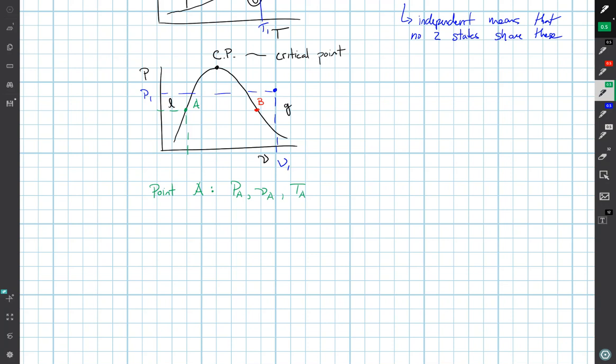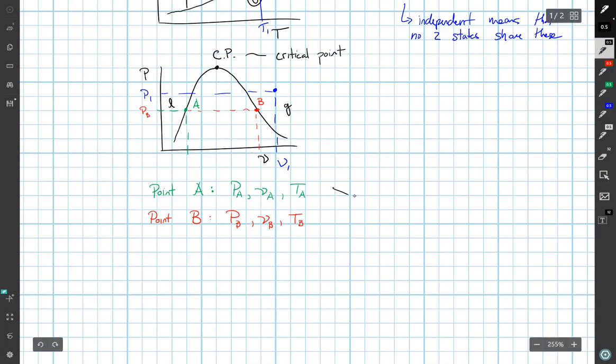We haven't talked about those yet, but there are other properties that we could define. And we could define B with PB, the specific volume of B, and the temperature of B.